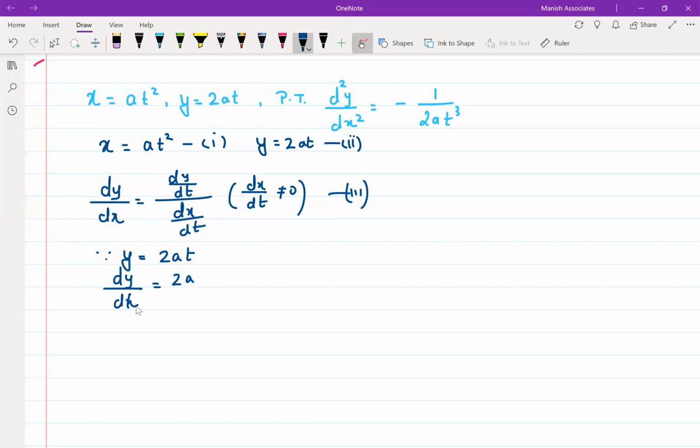This is dy by dt. Now I know that x is equal to at square. So what is going to be dx by dt? a is a constant. I get 2at.